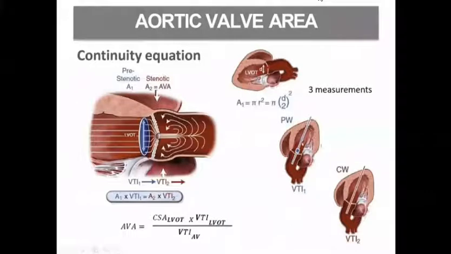It is the pulse wave. From the apical view you slowly come down, and where you get a very good signal, you record it as the VTI. Then again the continuous wave for the VTI 2. So you calculate the effective area, the cross-sectional area, by the LVOT diameter and VTI of the LVOT, and then this is the VTI for the aortic valve.